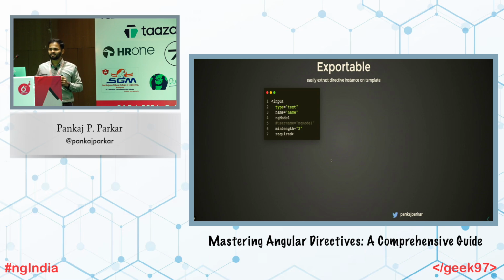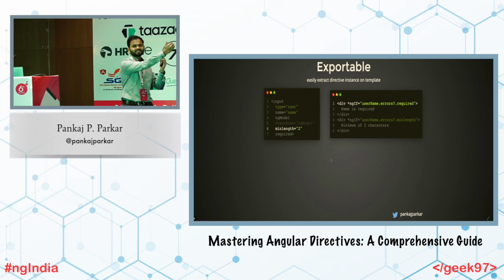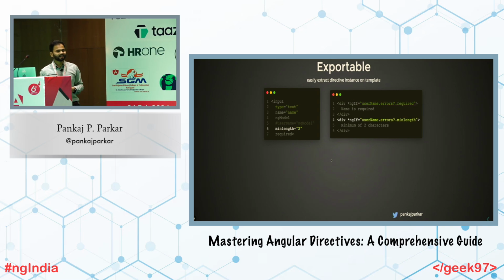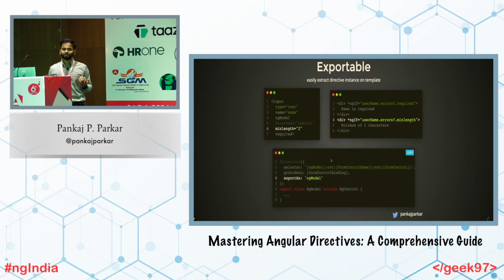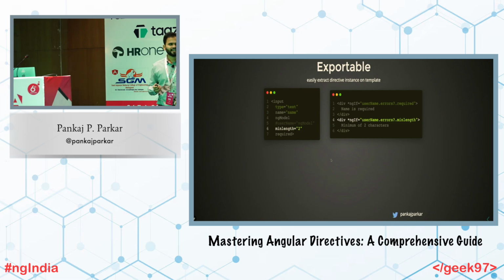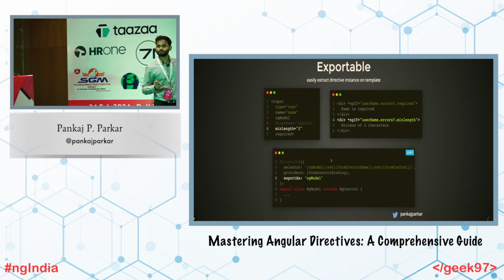We use ngModel there, and when it comes to validation, what we do is, on line number 5, we say username equals ngModel, and we use that to say, when it is a required error, please show this error, and on the next line we say the same thing, right? So this way it helps me. Okay, and why is this happening? Were you curious to know why this is happening and why it doesn't happen with all other directives? Any guess? So basically there is a property called exportAs.